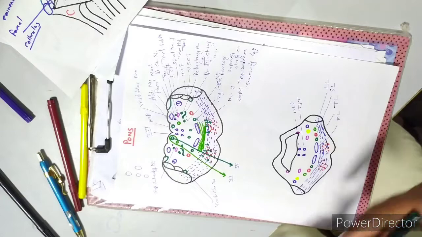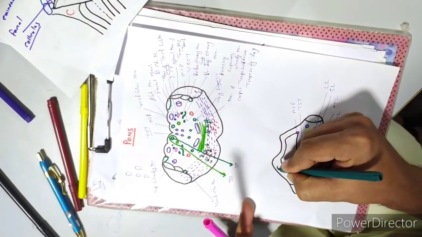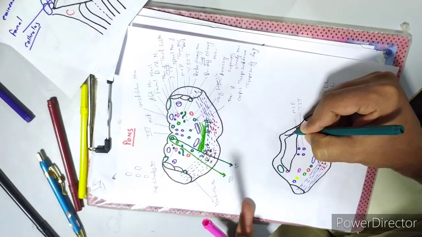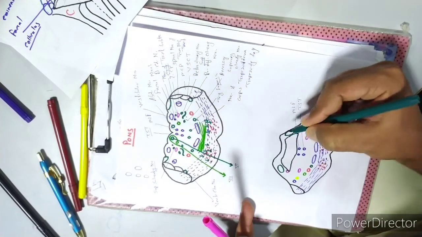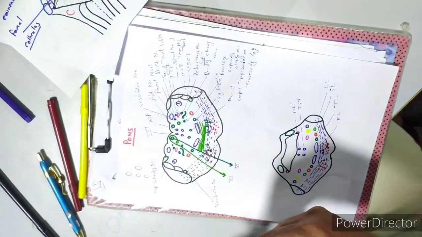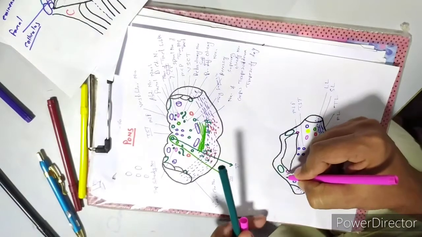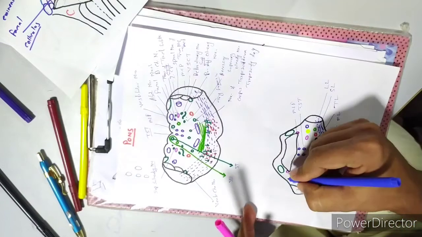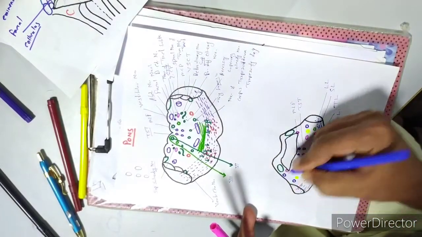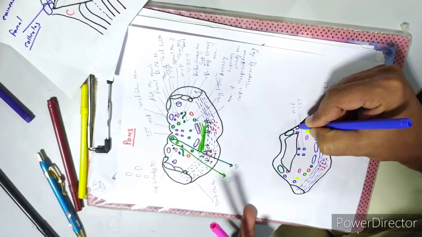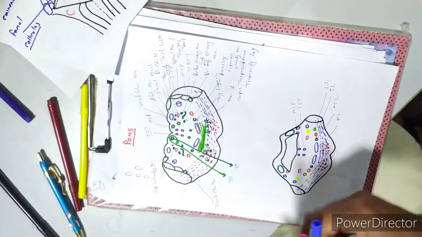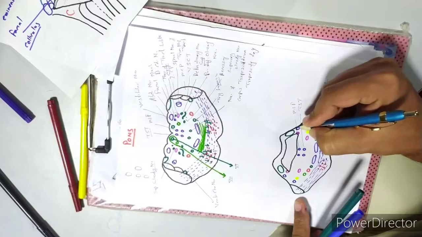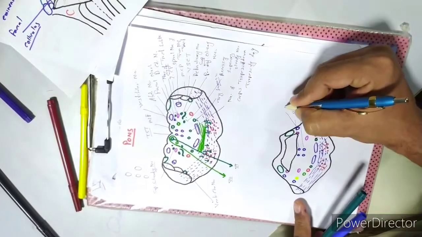This is the superior cerebellar peduncle. These are the two superior cerebellar peduncles here. And these are the two ventral spinothalamic tracts, which now enter into the superior cerebellar peduncle.